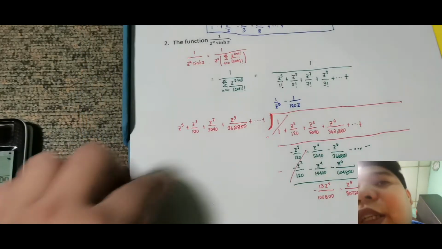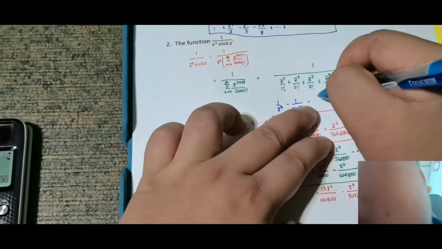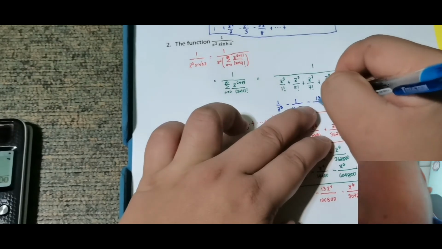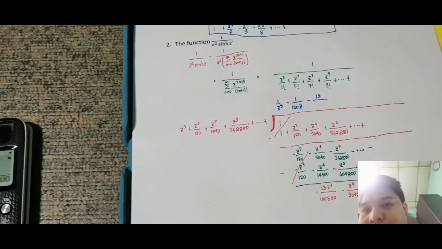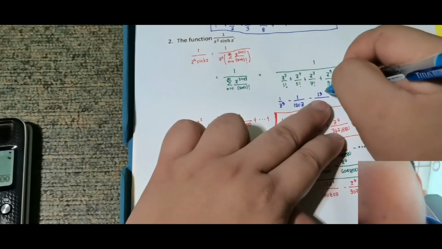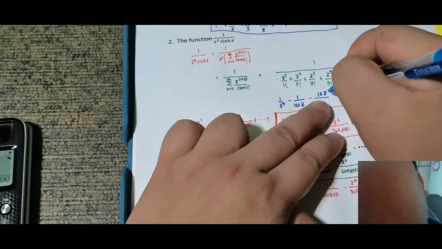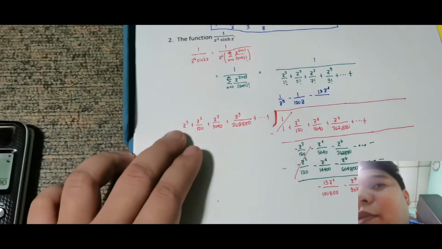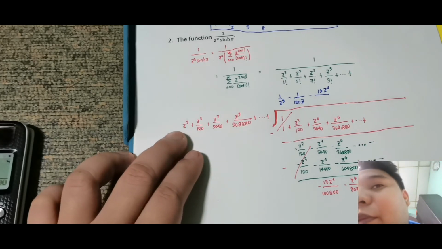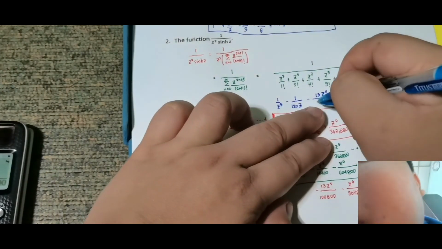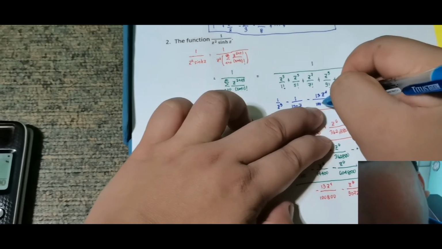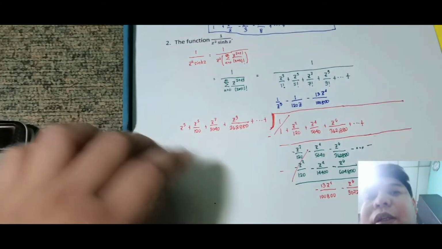So this is just negative 13 over, sa taas na yung z kasi z to the fourth siya, tapos z cube lang yun. So z to the fourth multiply dito ay over 100,800. Okay, then multiply natin.